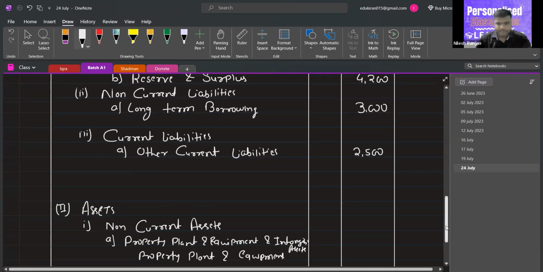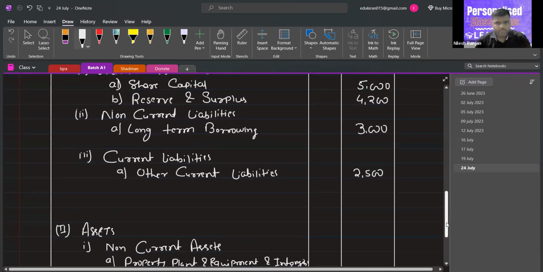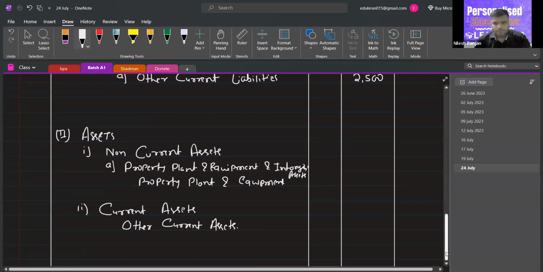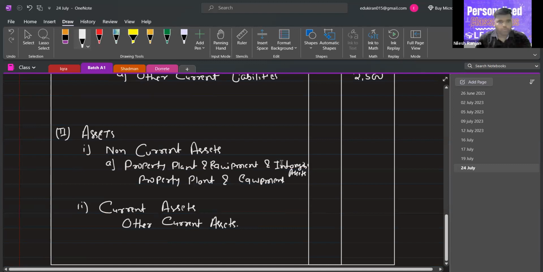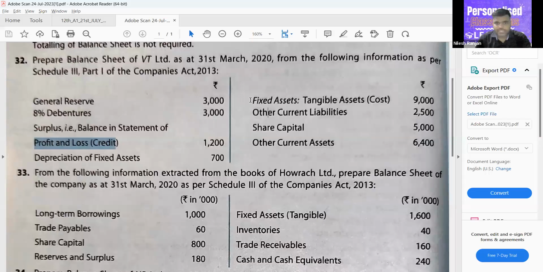Now asset side. All the items are complete. Property, plant and equipment. Fixed assets, tangible assets at cost is given and there is depreciation.